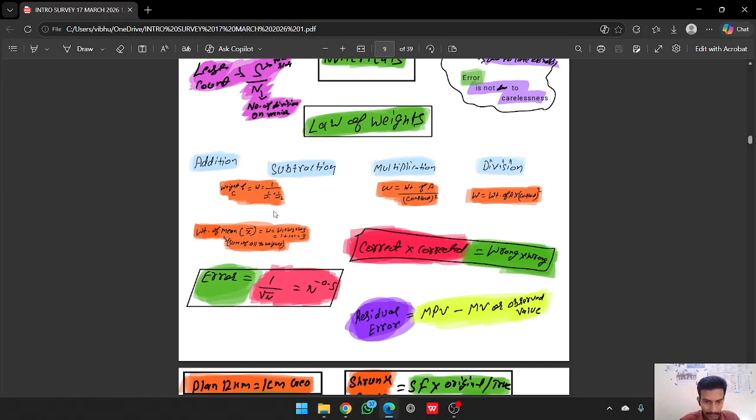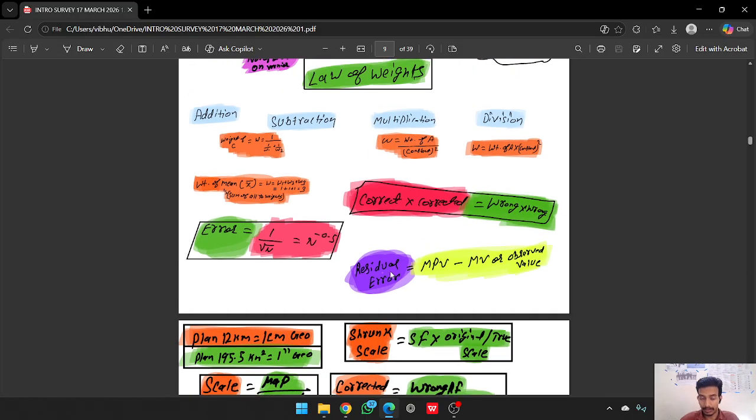Okay, there is a law that right now we have discussed. Here, I have sorted the formula. Like addition, subtraction, we have to only use 1 upon W plus 1 upon W. With multiplication, we have sorted like weight of A upon constant square. Here, weight of A upon constant square. Here I divided, here I multiplied. The same for the mean or sum of all W, we have directly the addition formula.